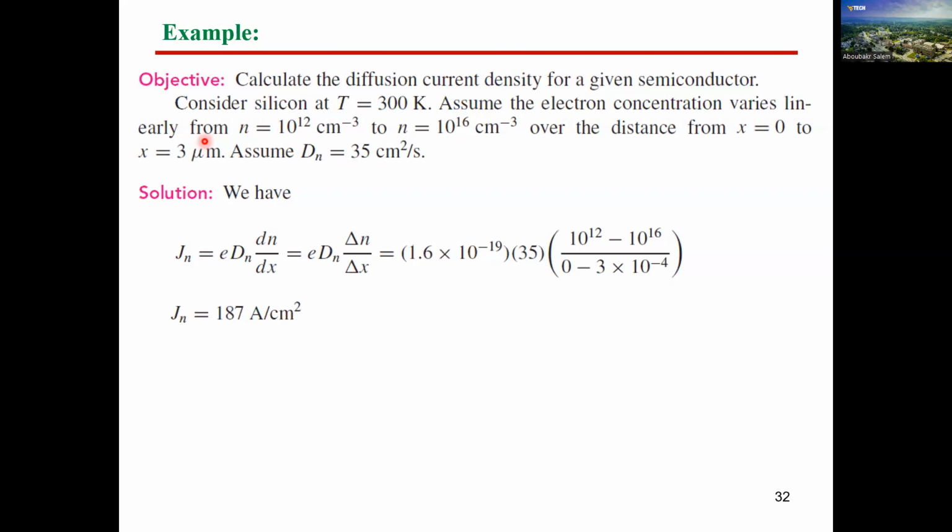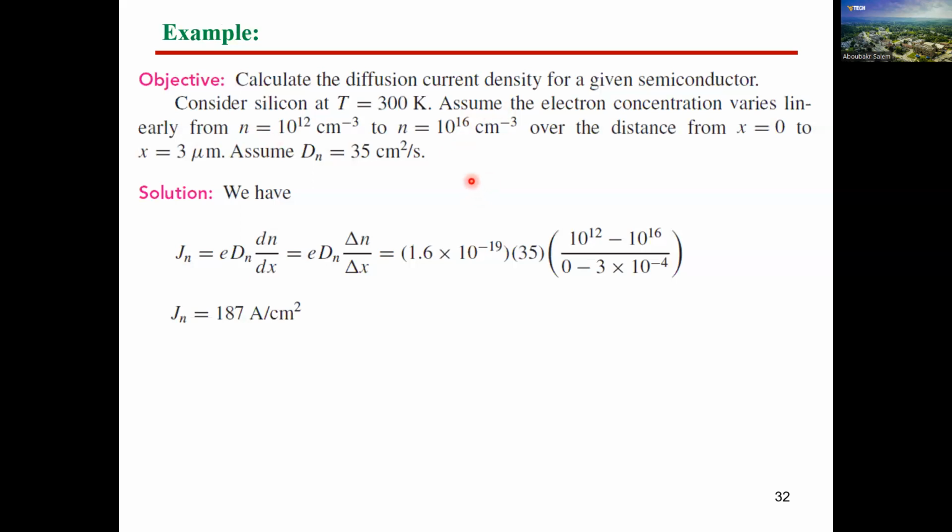So these are the two different concentrations we have over a certain distance of the semiconductor. What is the distance given here? Over a distance from x equals 0 to x equals 3 micrometers. So from 0 to 3 micrometers, the concentration changes from 10 to the power 12 to 10 to the power 16.